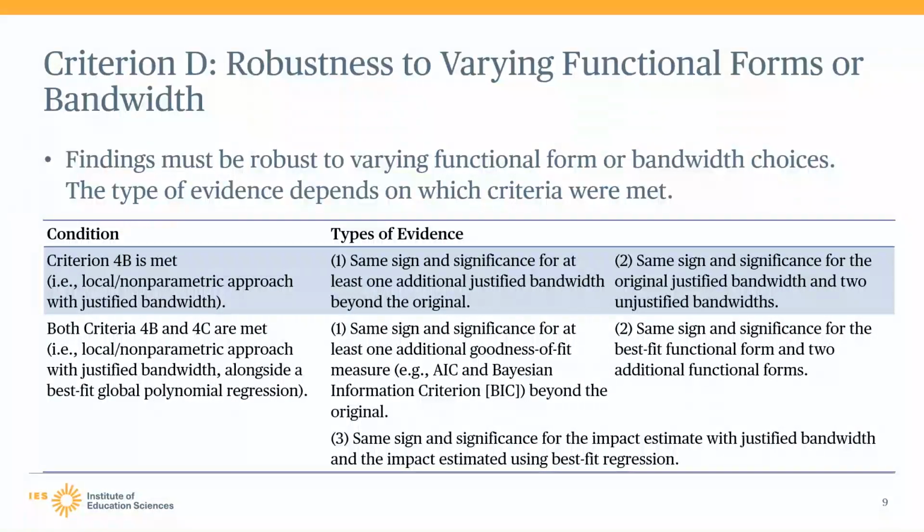The study would meet the requirements of option 1 for satisfying criterion 4D, even though it would not meet the requirements for option 2. In this case, the WWC would still consider this study robust to varying functional forms or bandwidths, given that it satisfied option 1 for meeting criterion 4D.